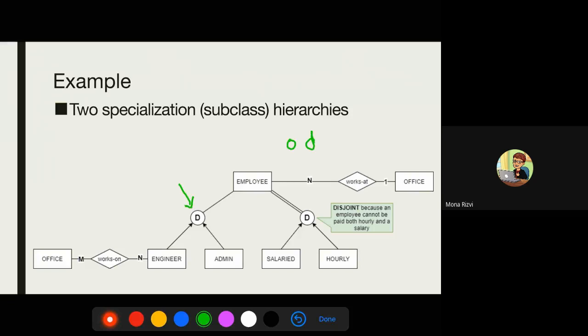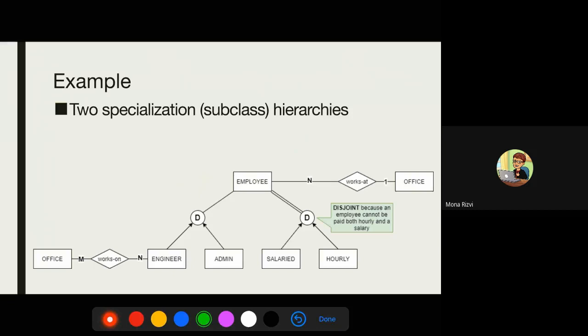So one employee cannot be salaried and hourly. Either they get paid by the hour or they get paid a salary. It doesn't make sense to have both. Same thing, their job type over here, it's either going to be an engineer or an admin, but you're not going to be both. People's job classifications are always some distinct job classification.